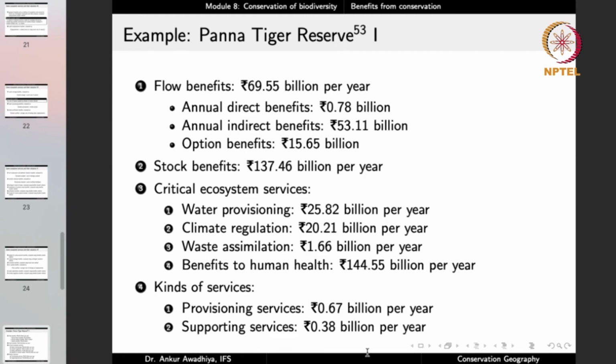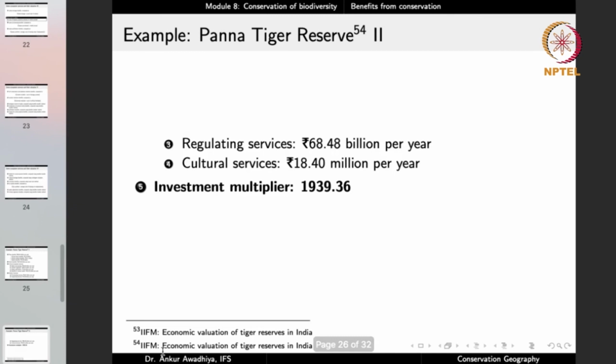So we can do all these kinds of valuations, and the final figure that we are getting is that the investment multiplier is 1939.36, meaning that for every rupee that is invested for the protection and maintenance of Panna Tiger Reserve, we are getting benefits as high as 2000 rupees.